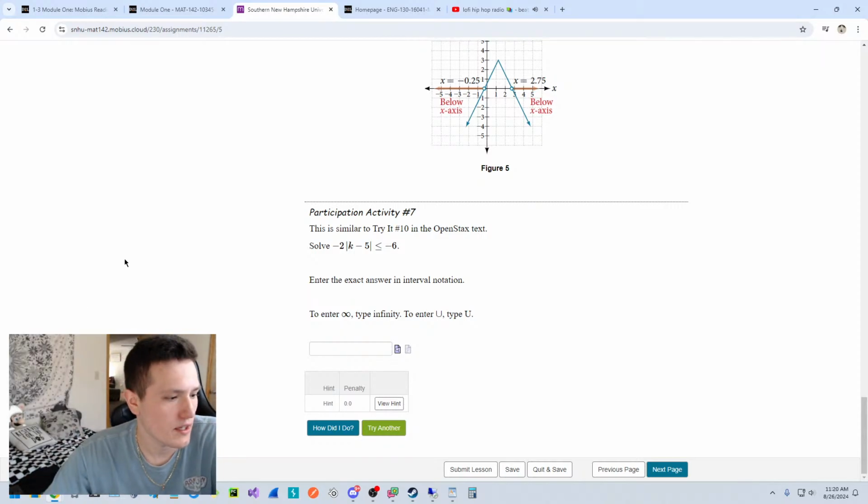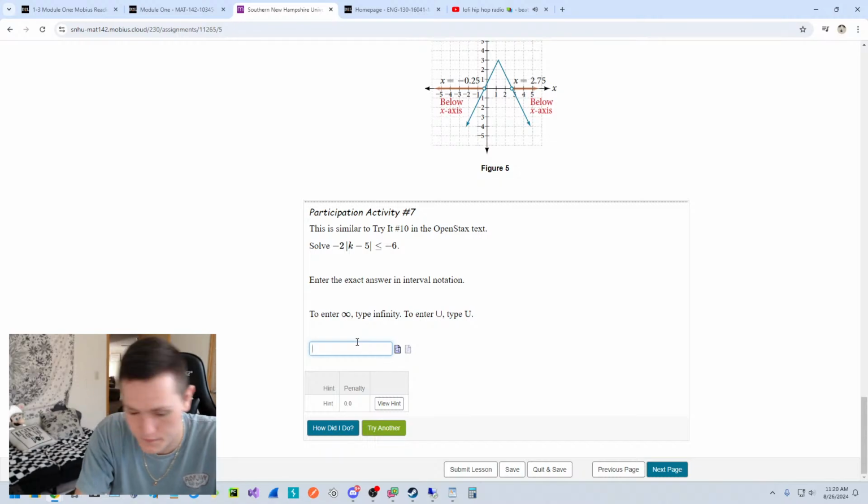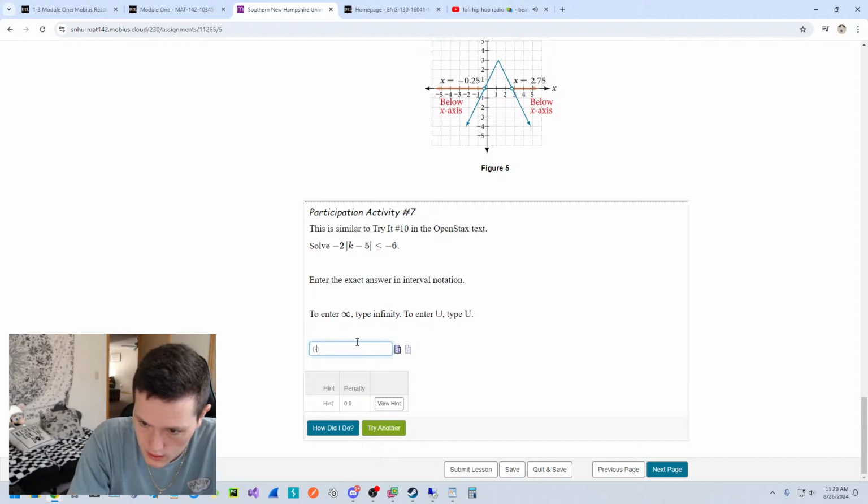Okay, I think I understand this. We're about to see. So we start off with a parenthesis, and we're going to do negative infinity to 2, and then we would have our bracket, and then our union, because we have two answers.